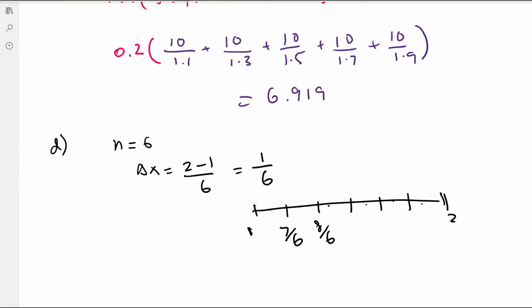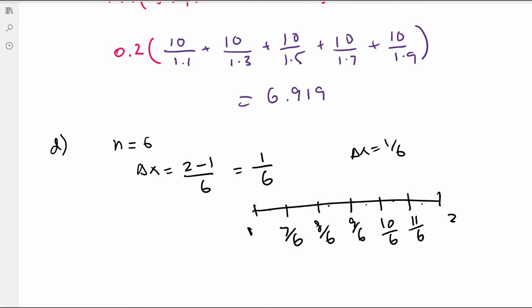Then this is 9 over 6, this is 10 over 6, this is 11 over 6, 12 over 6 is 2. So okay, it's not that bad. All right, so the width is 1 over 6.